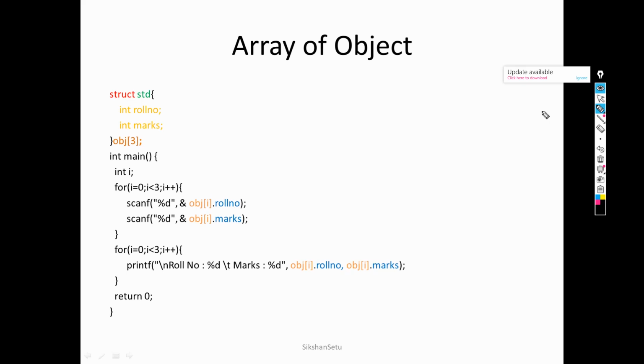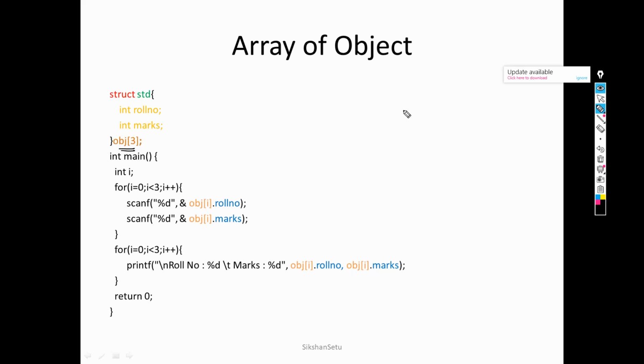So how to create an array of objects? Here you can see we have declared a structure. In that I've used the second method to declare an array. I have written obj of 3, which means this is my object and I have mentioned an array obj of 3. So there will be three objects.